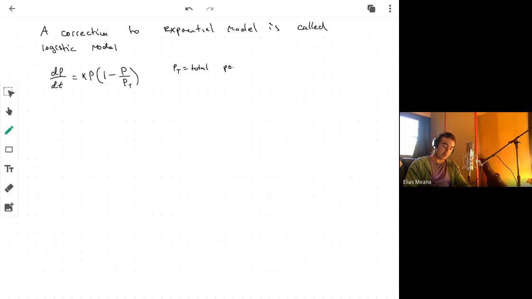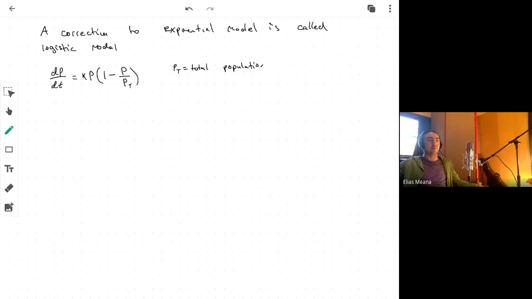So if you think about viruses, that's a good way of picturing this model. The virus growth rate is proportional to the population, but the closer the population gets to the total population, the slower the rate gets, right? And that's because you can't infect more than the total population.